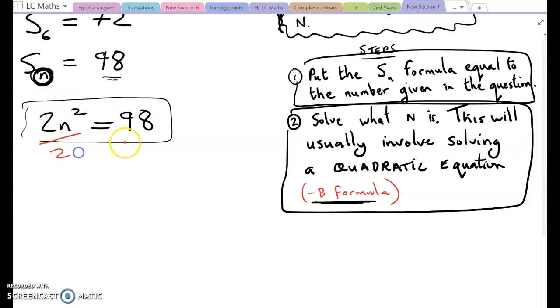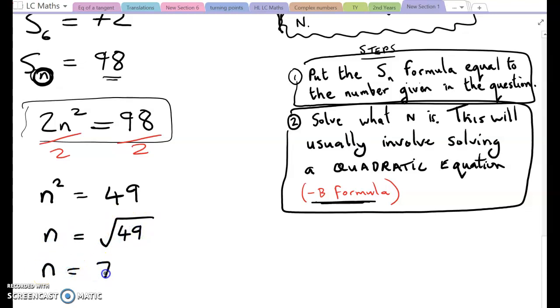So divide both sides by 2. That'll leave n squared over here. And then 98 divided by 2 is 49. And then get the square root of 49. So the sum of the first 7 terms is equal to 98.